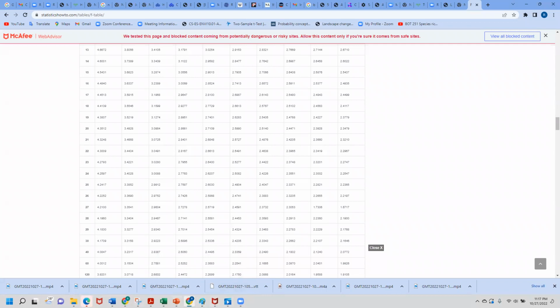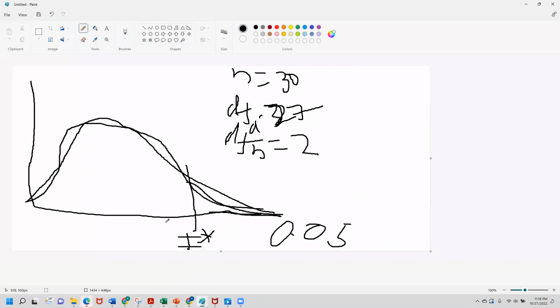So that's 27, 3.3541. This critical F is 3.3541. It gives a probability of 0.05 with these degrees of freedom: 2 for the numerator and 27 for the denominator.